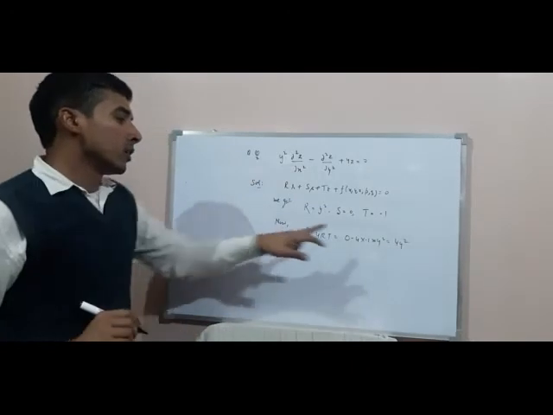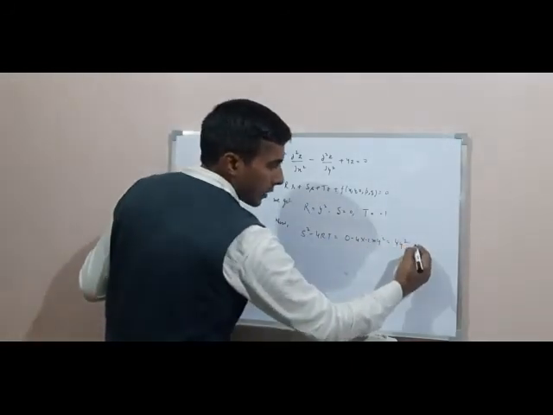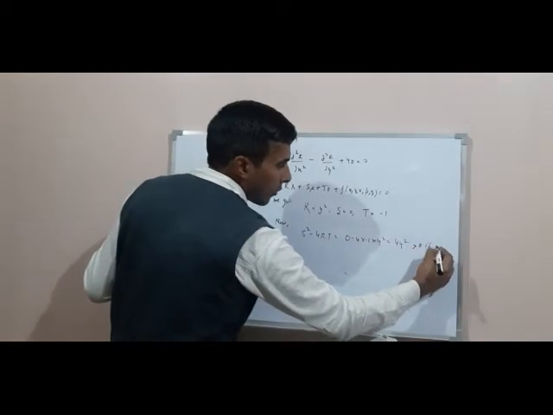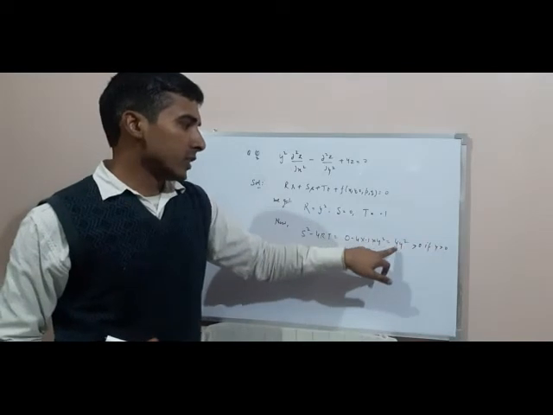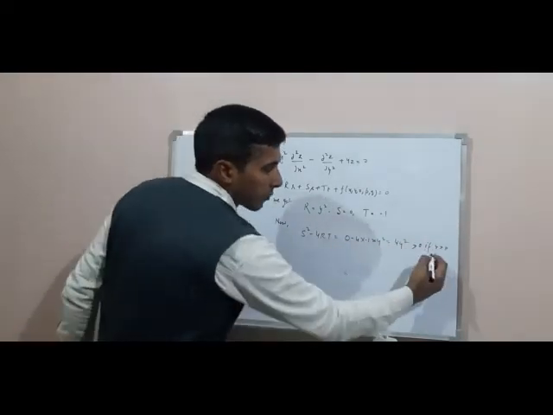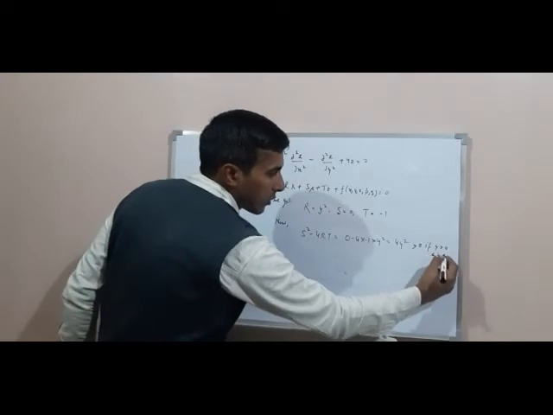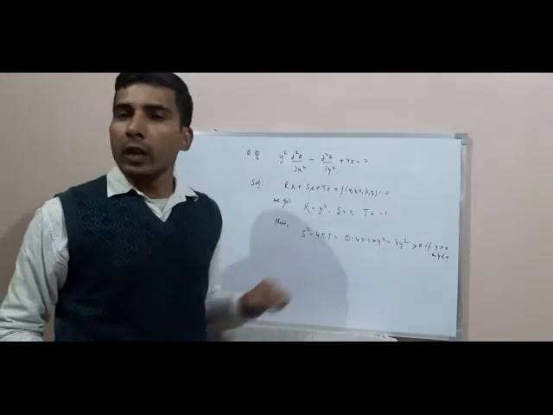Now here two possibilities occur. First, if y is greater than 0, then y² is positive, so 4y² is greater than 0. And it is also greater than 0 if y is less than 0, because if y is negative, y² will be positive.